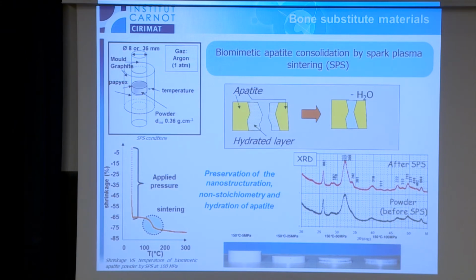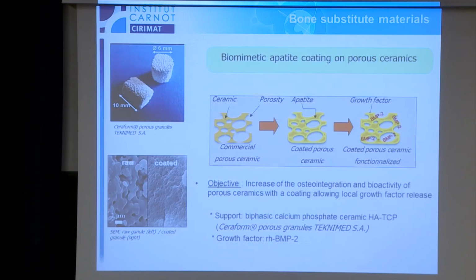After sintering you keep the nanocrystallinity and the non-stoichiometry, so you preserve the nanostructuration. And what is important, we mostly preserve the hydrated layer of the apatite, so we can have a more bioactive ceramic.